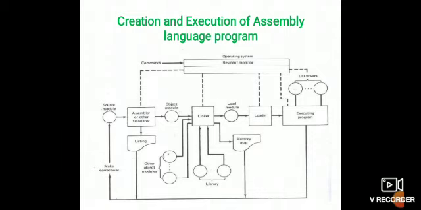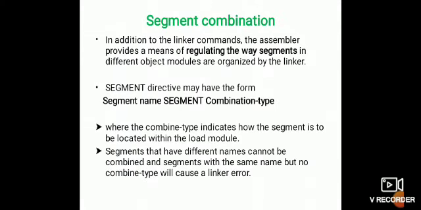And once this load module is loaded by the loader, it will be converted into an executing program. This executing program, or these modules, get executed depending upon the commands given, with the help of the IO devices, or it drives the IO devices.